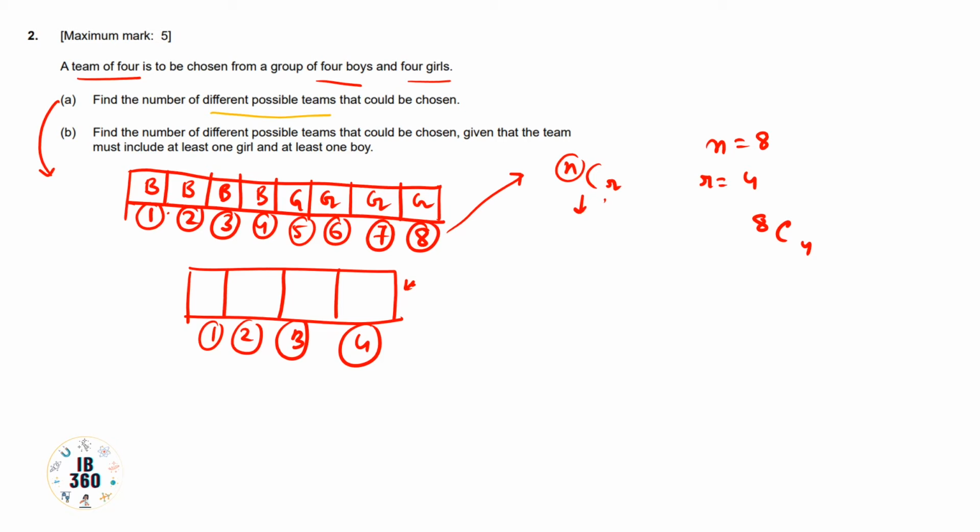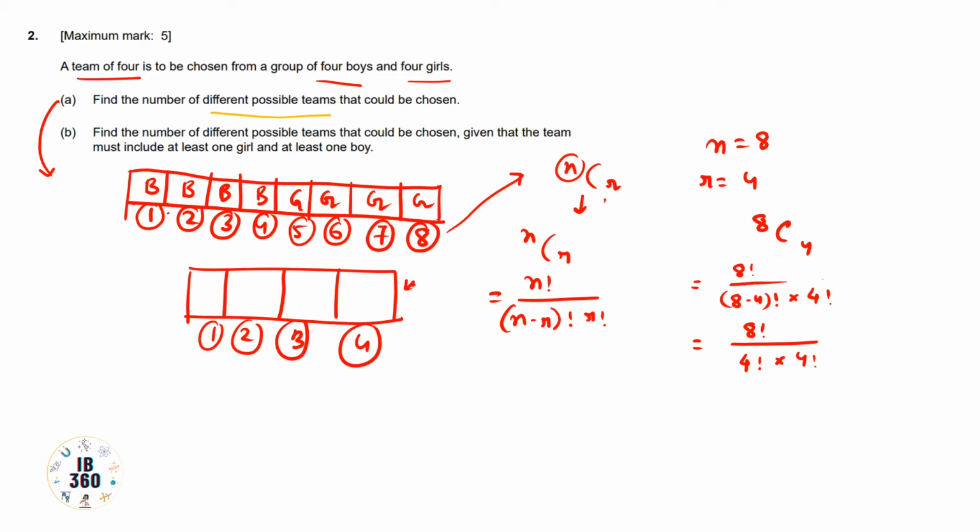The formula for nCr is n factorial divided by (n minus r) factorial into r factorial. So 8C4 equals 8 factorial divided by (8 minus 4) factorial into 4 factorial, which is 8 factorial divided by 4 factorial into 4 factorial.